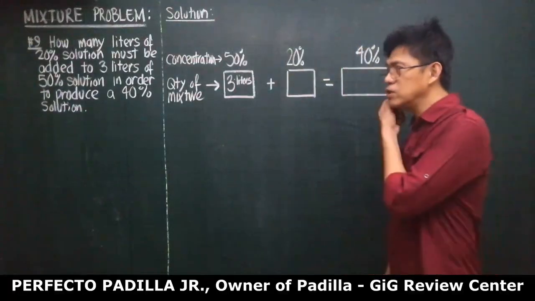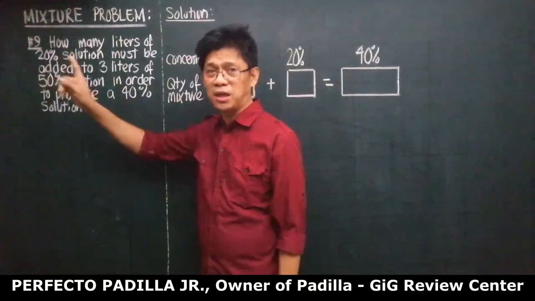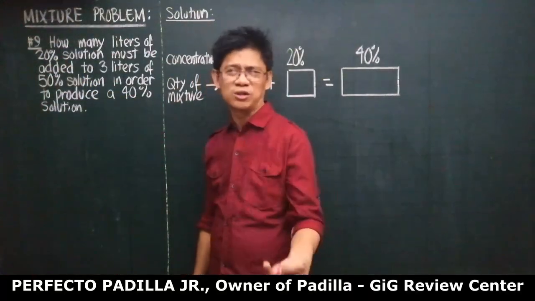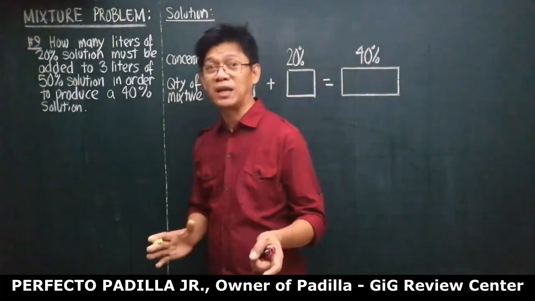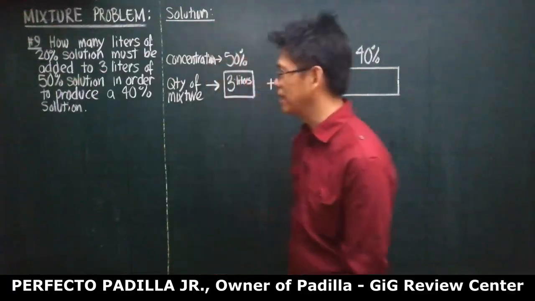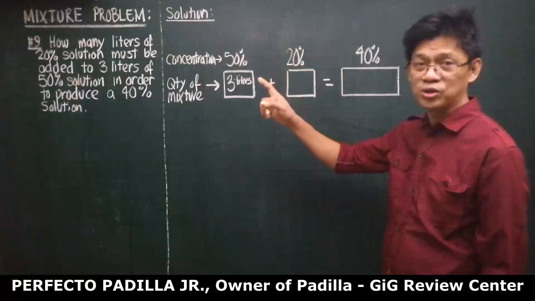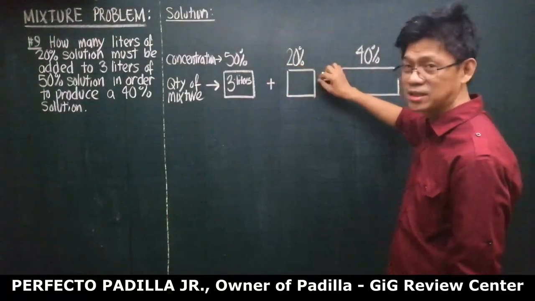Now, according to this problem, how many liters of 20% solution, hindi binanggit kung anong klaseng solution. Salt solution, coffee solution, sugar solution, alcohol solution. Sabihin na lang nating salt para lang sa discussion, ha? Let us represent that solution or mixture by this box.